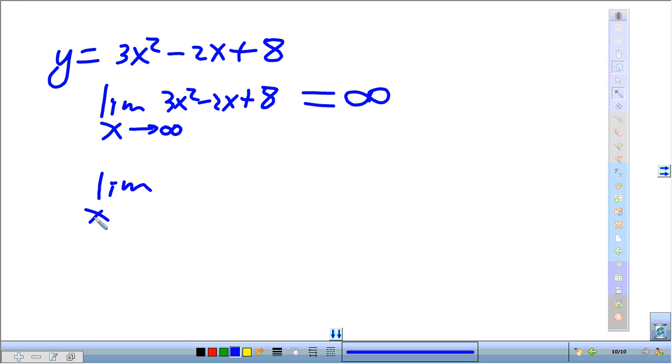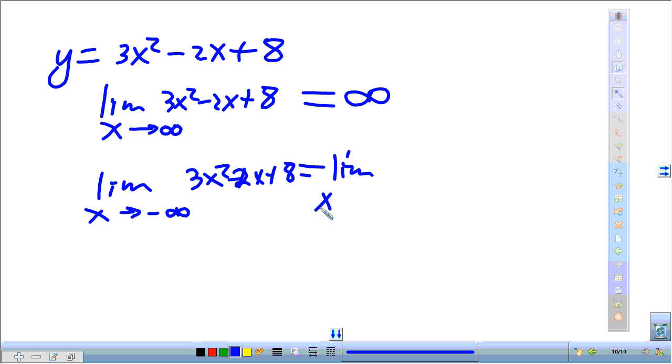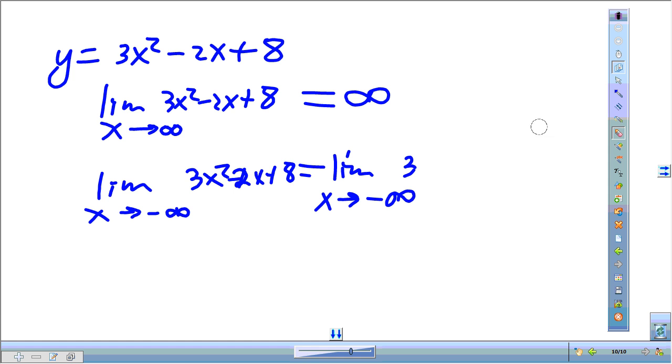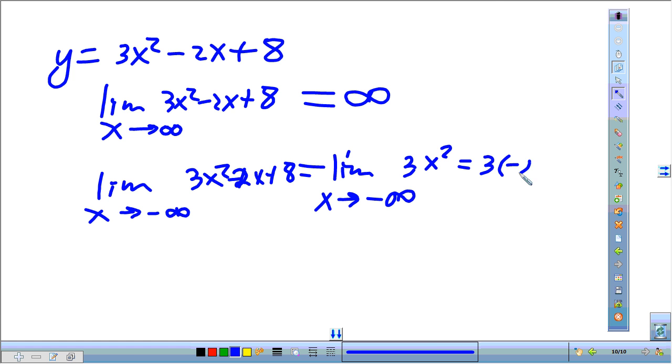And the limit as x approaches minus infinity is the limit of the leading term. And so we take large negative numbers and square them, we end up with positive, so this whole thing is positive and very large, so infinity.